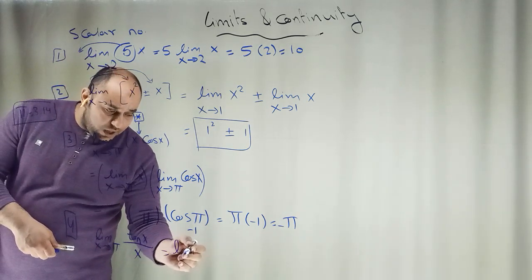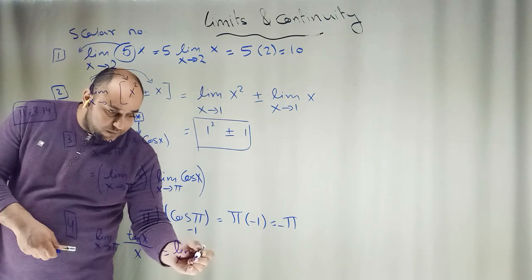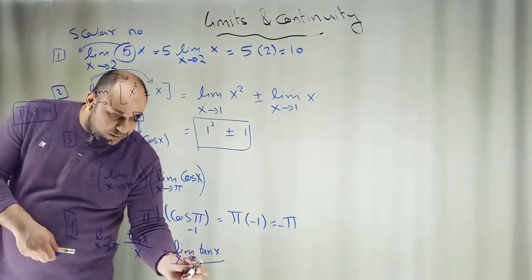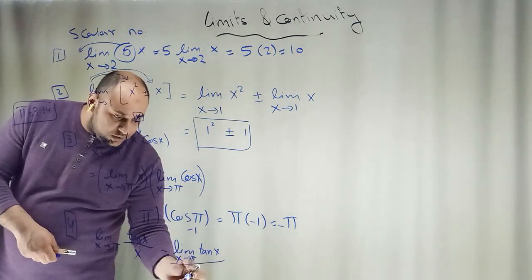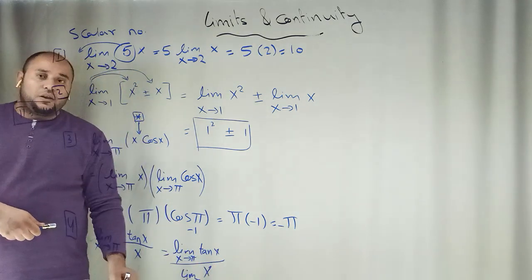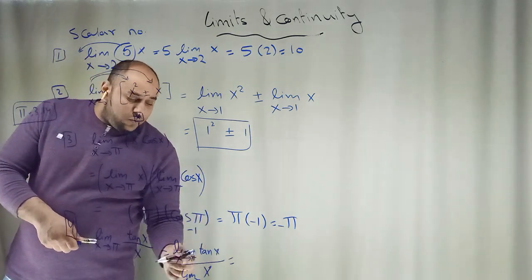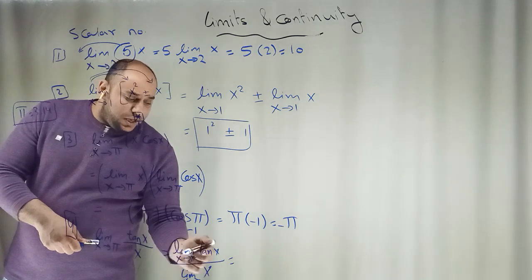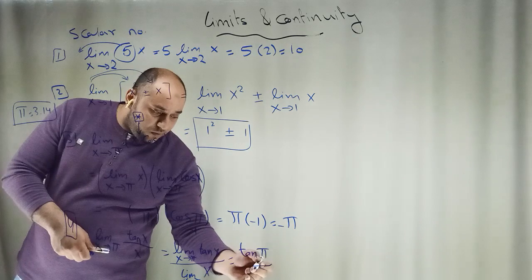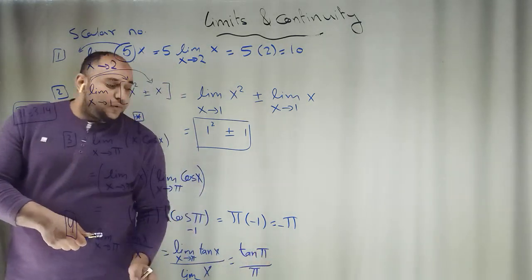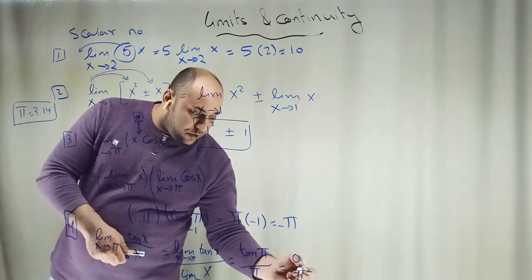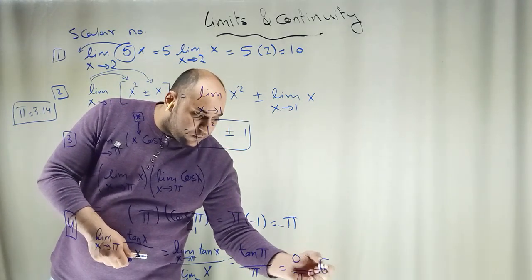Limit as x approaches pi of tan x, dividing by the limit as x approaches pi of x. If you make a quick replacement for x, it will be tan pi over pi. Tan pi equals 0, over pi, it will be equal to 0.